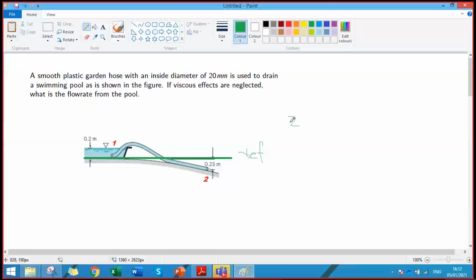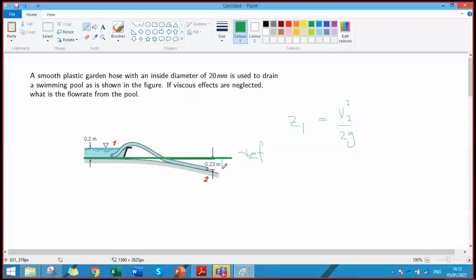This should be equal to the total head at point 2. At point 2, P2 is 0, so we don't need to write that. V2 is unknown, so there will be V2 squared by 2g, and because the hose is located below the reference, there is some hydrostatic head as well, so we write Z2. Clear?